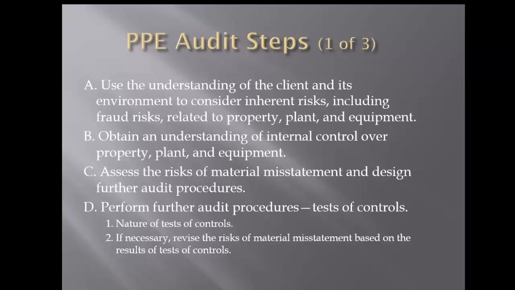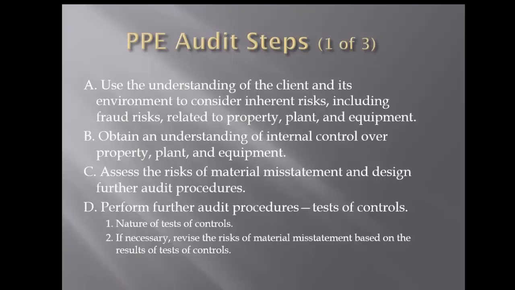Okay? And one of the things I want you to understand related to these steps is that these are the standard steps. Whenever you see gaining an understanding, we know that we are looking at the planning stage of the audit, and we understand that we are focusing on inherent risk. Whether we're looking at property, accounts receivable, whatever, these are the steps.